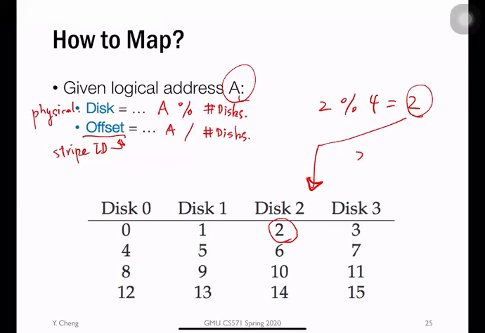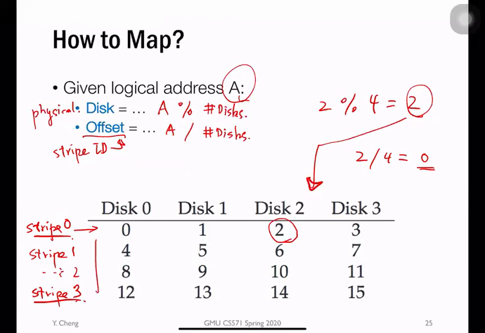And 2 divided by 4 gives you 0, so its offset within disk number 2 is 0. That means it belongs to stripe 0. And we have stripe 1, stripe 2, stripe 3 over here. So we have basically 2 logical dimensions.